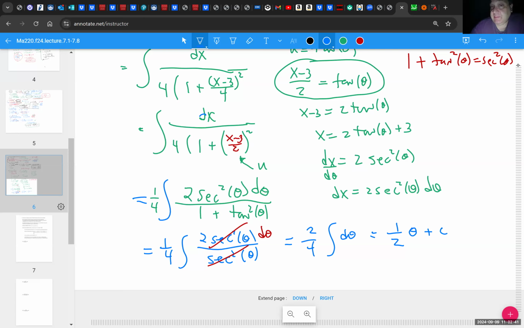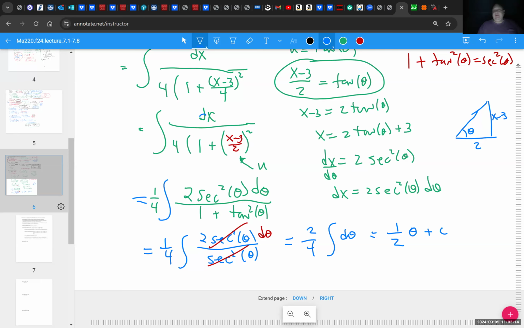And now we have to put theta back in terms of the original variable. Drawing a triangle is not going to help. There's nothing wrong with drawing the triangle for this problem, but the reason we draw the triangle is so we can find sine and cosine and cotangent and all those other things.